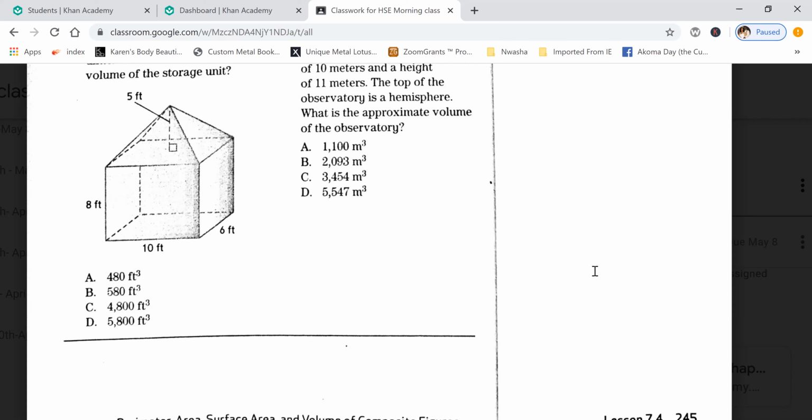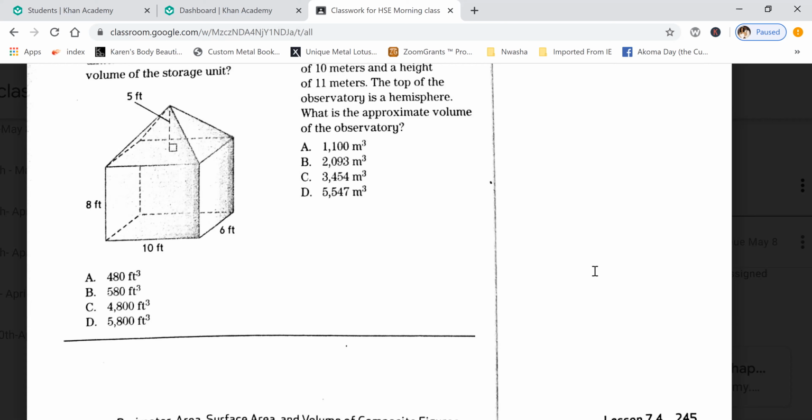The answers are fairly similar, but this is why you're predicting, right? Even if you didn't figure out the pyramid and you just said 8 times 10 times 6, and get 480, it can't be A. That's impossible, because you already know you have another piece of a shape to add in.